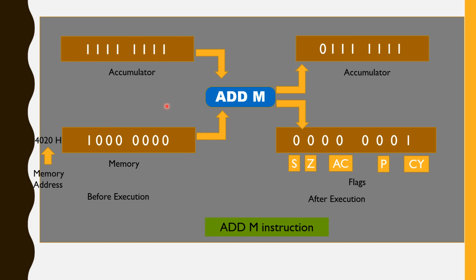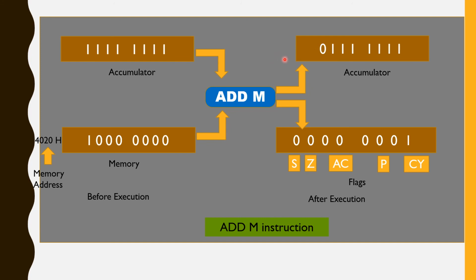Whenever I add this content, this 1 will be added with the 0, this 1 will be added with the 0, and likewise the operation result will come. So once again 1 plus 0 is 1, this 1 plus 0 is 1, third digit 1 plus third digit 0 is 1. Likewise, when I add the last bit 1 plus 1, the sum 0 will be the result and the carry will be forwarded to the next.